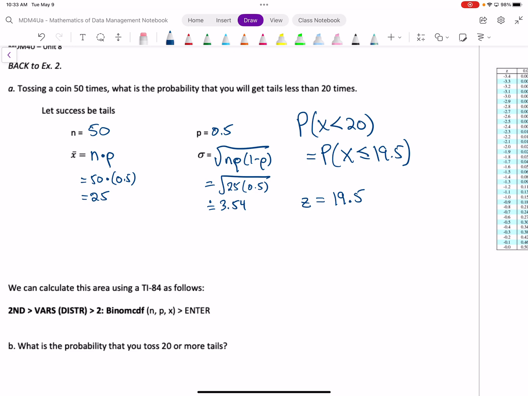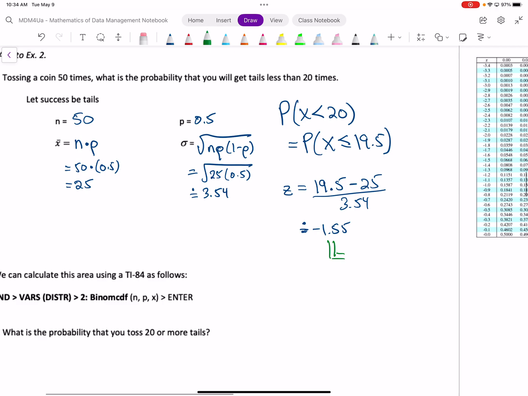This is the part that compensates for the fact that this is a binomial and not just a regular continuous graph. Minus the mean, which we said was 25, divided by the standard deviation, which is 3.54. And so that gives us approximately negative 1.55 as a z-score.